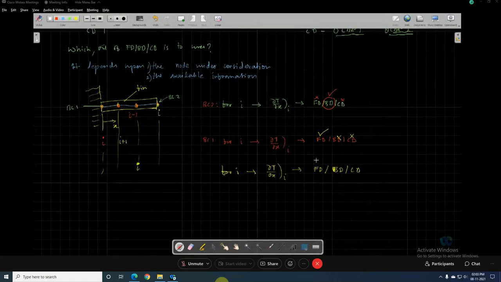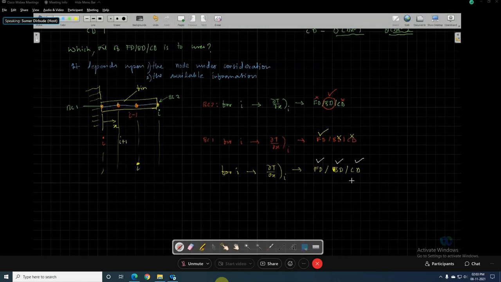Okay. All are possible. But suppose I am asking for higher order accuracy, then I may say CD. But again, I can get FD expression and BD expression of delta x square, isn't it?